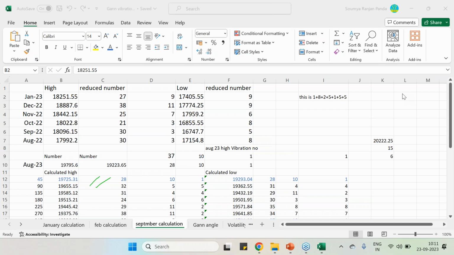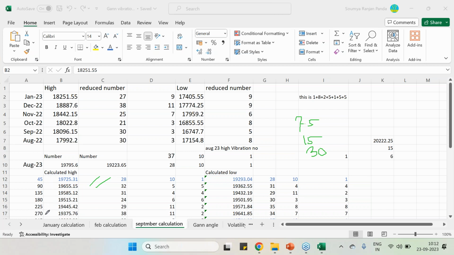Suppose you want an intraday high and low, you cannot go with the 45-degree multiple. You have to start with the 7.5-degree multiple. 7.5, 15. So Gann angles, all things: 15, 30, or 7.5 into 2, 7.5 into 3, 7.5 into 4, 7.5 into 5, including 7.5 degrees.